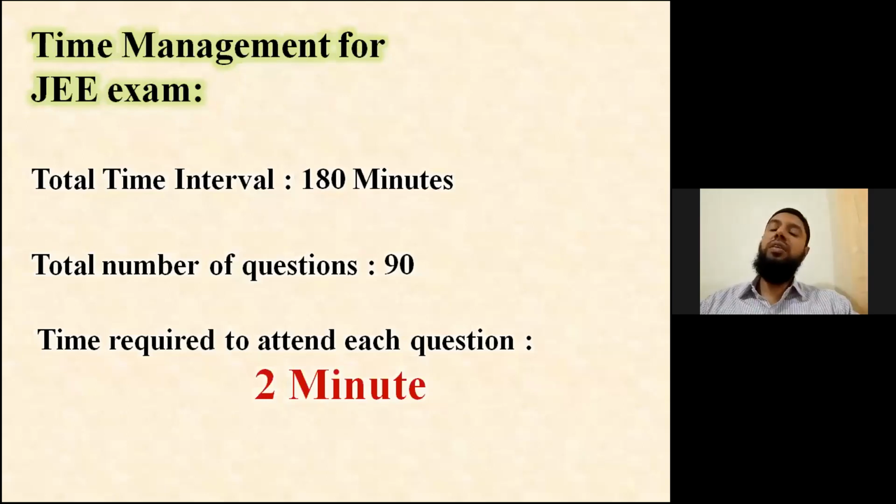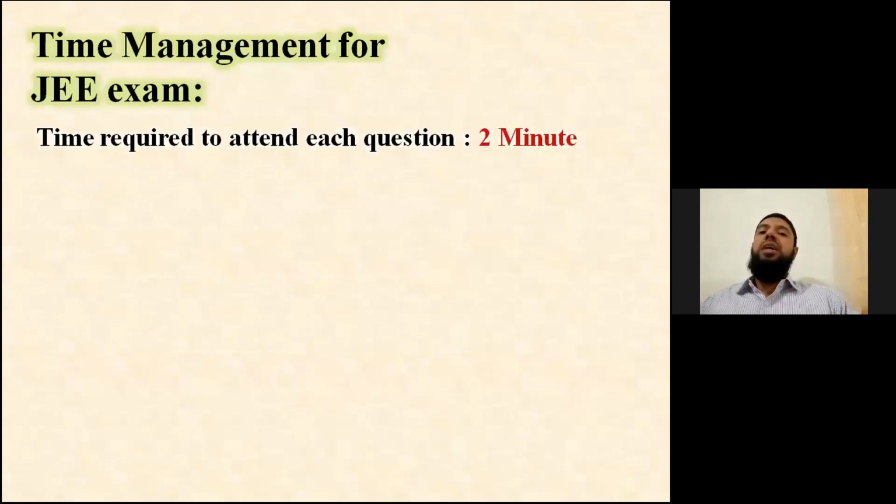We are going to link the concepts from one topic to another topic. Further, to solve those numericals, we need enough time, a time interval of 2 minutes. Within 2 minutes, you have to solve. Then let's see the time management in case of the JEE examination.